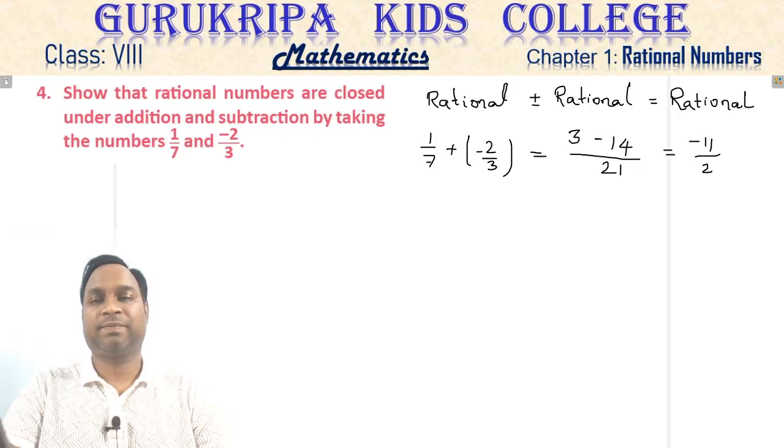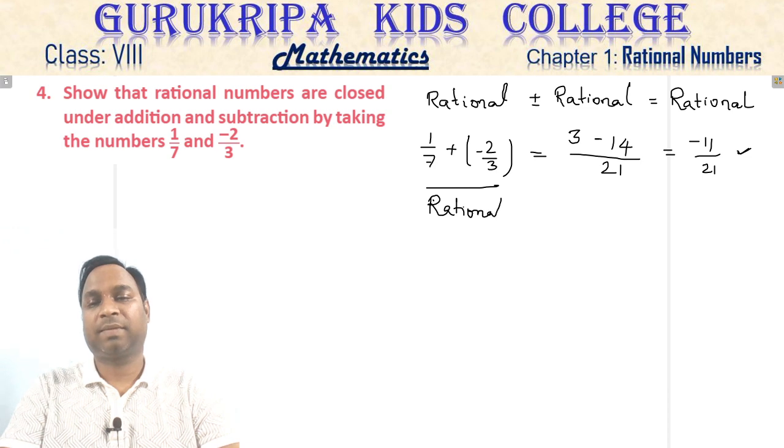Okay, this is a rational number. Rational number plus rational number, both of them were rational. And this is also rational. It's verified now.